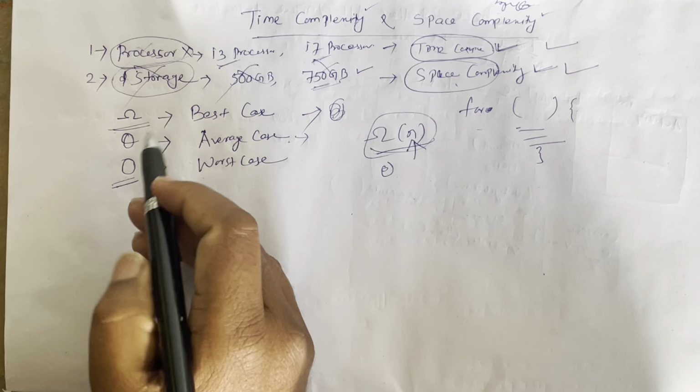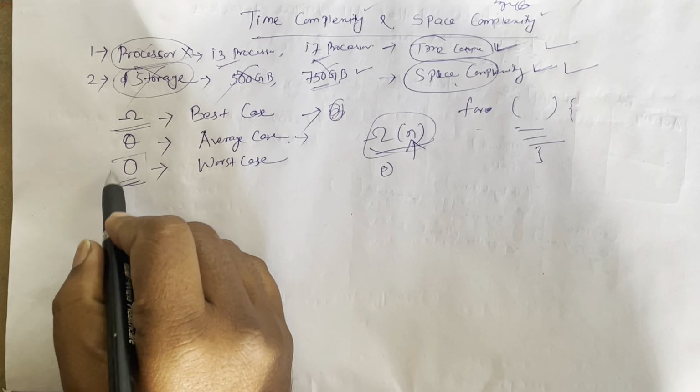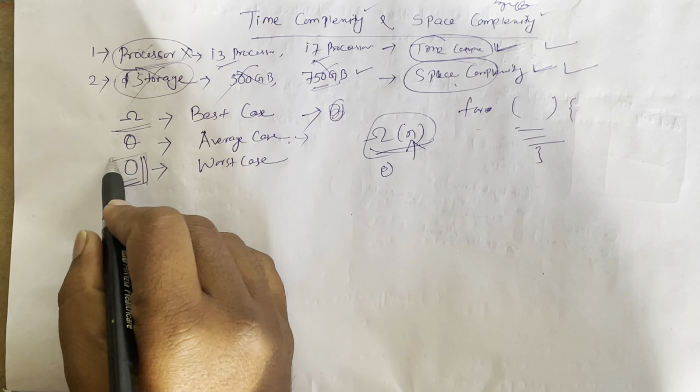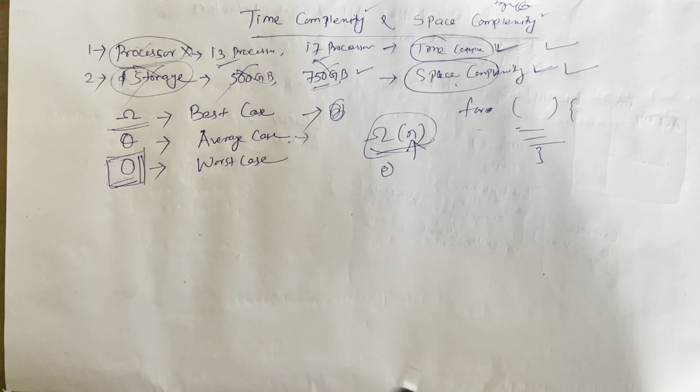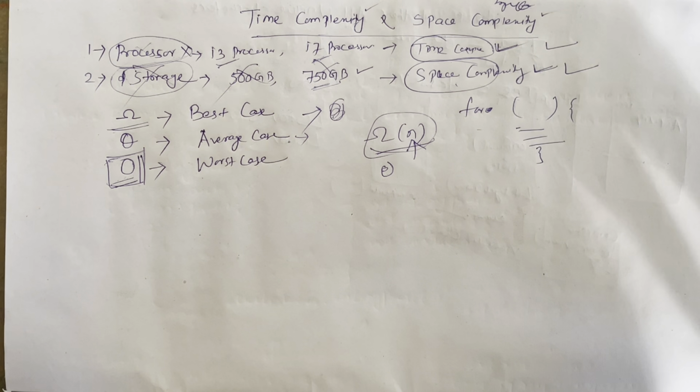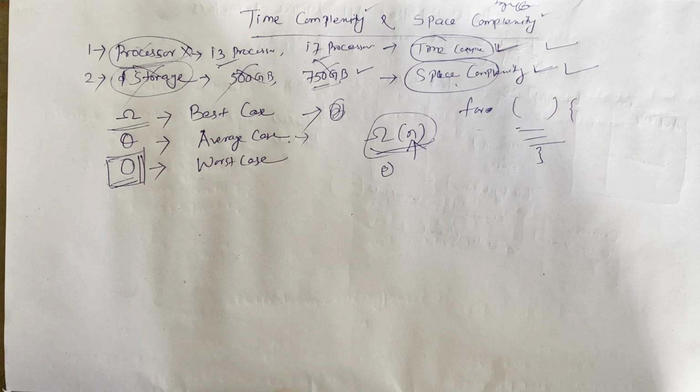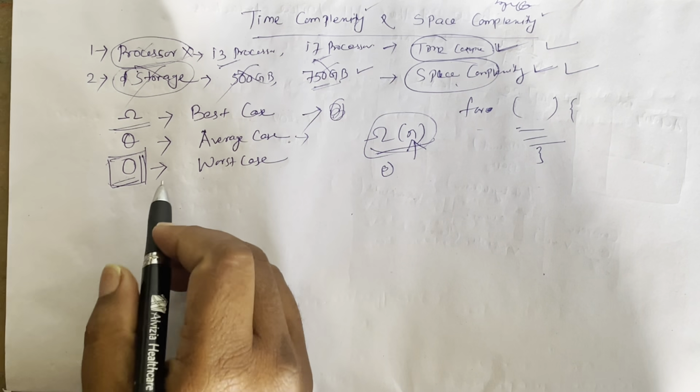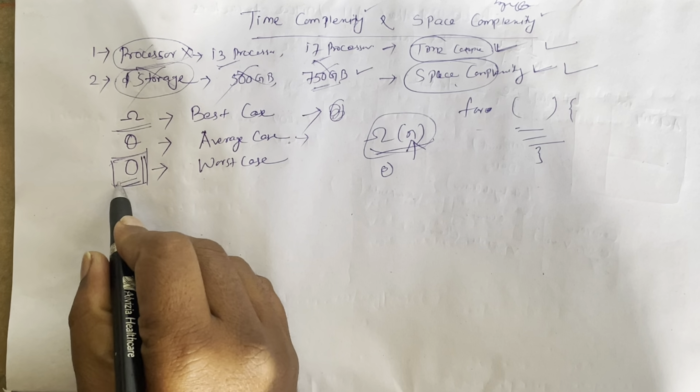That's why the worst case scenario, or big O notation, is widely used in DS algo. Whenever any question comes for DS algo and they ask about time complexity and space complexity, always consider they are asking regarding big O notation.